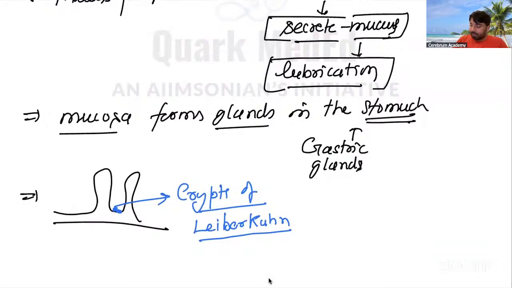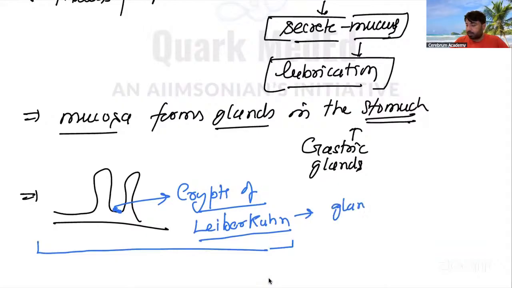So between the base of villi in the intestine, crypts of Lieberkuhn are present, and these are a kind of glands.